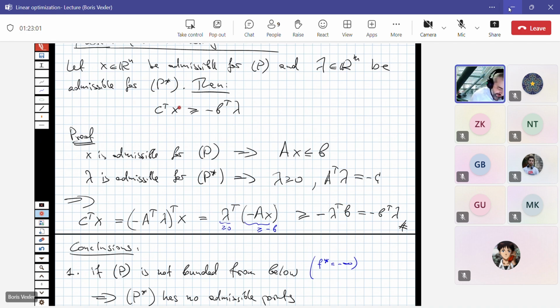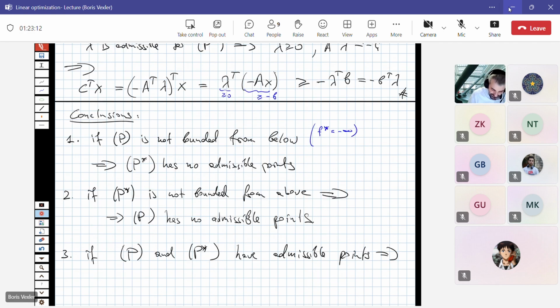And if the original problem has admissible points, then the dual problem is bounded from above. And this is exactly what we need. What we need to have existence of solutions.